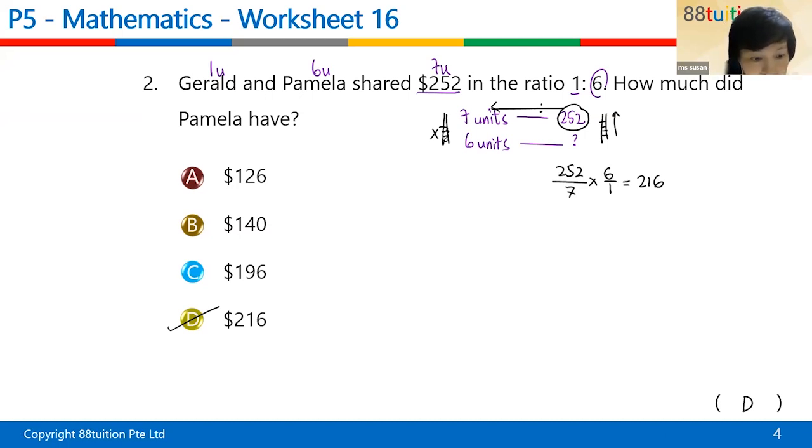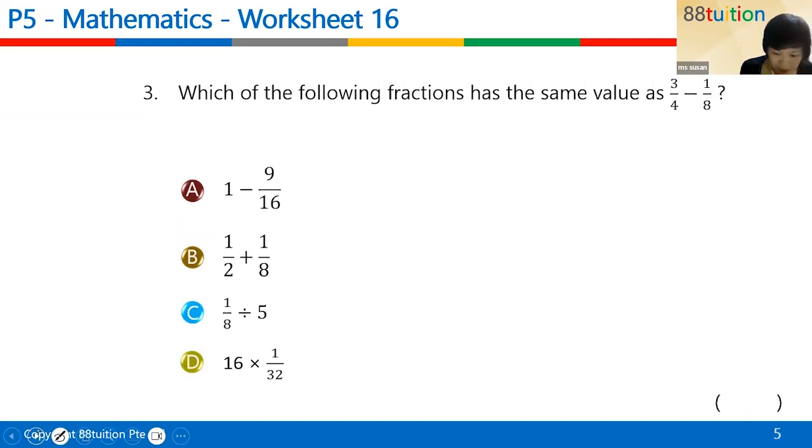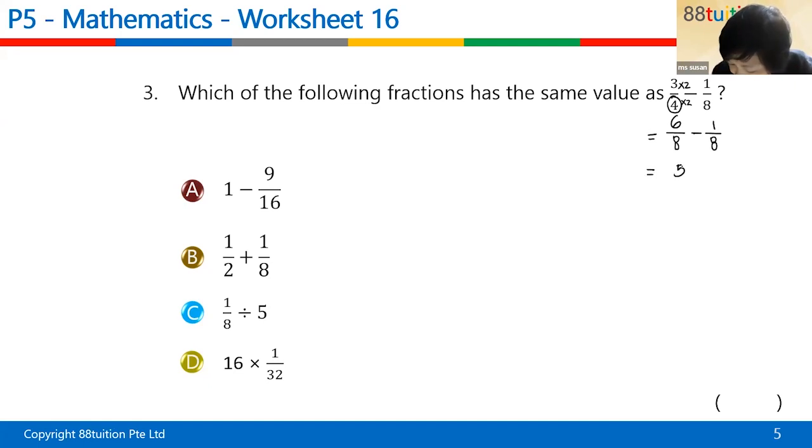Next, let's look at Q3. Which of the following has the same value as 3/4 minus this? So this one I have to change to a common denominator of 8. So 4 times 2 and 3 times 2, I get down to 6. So 5/8.